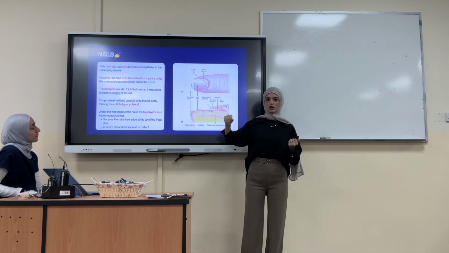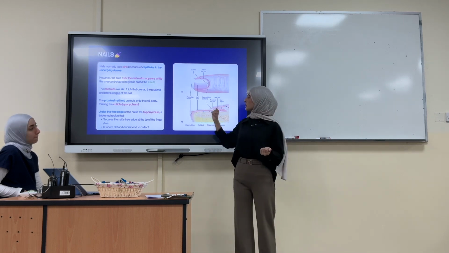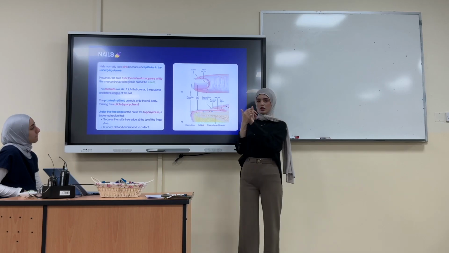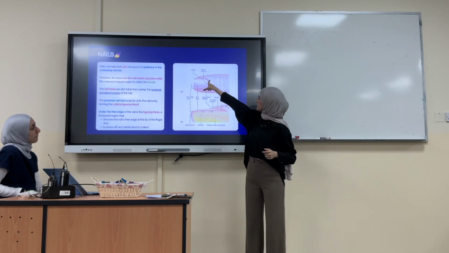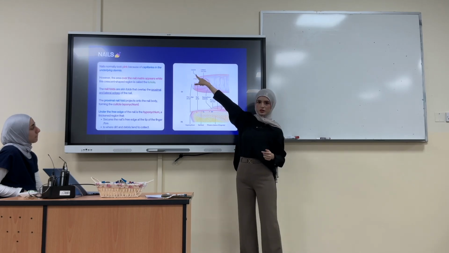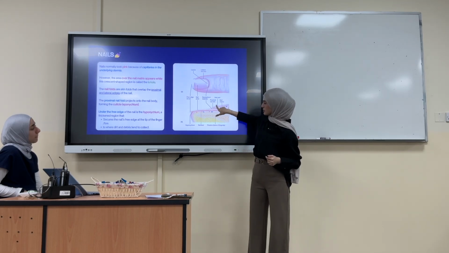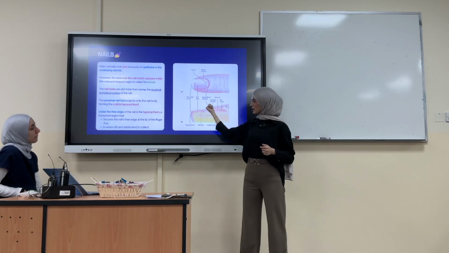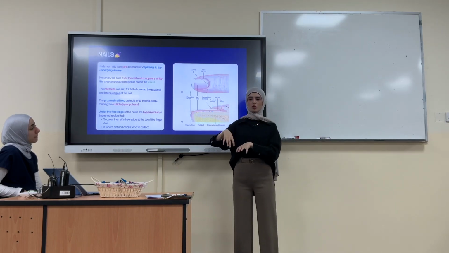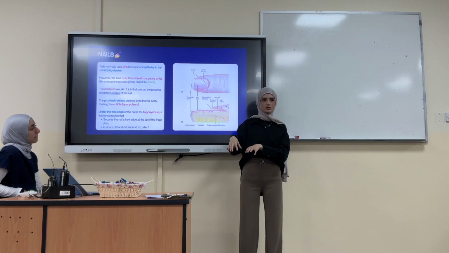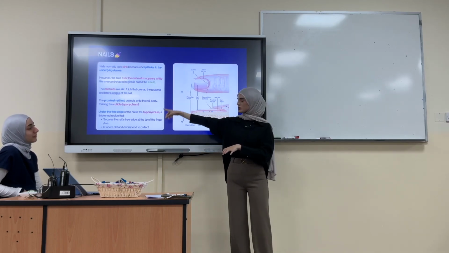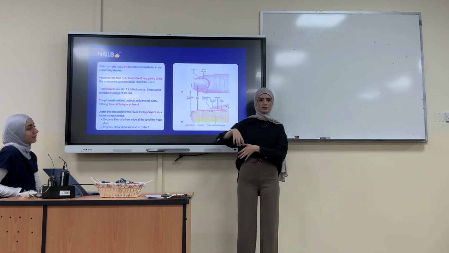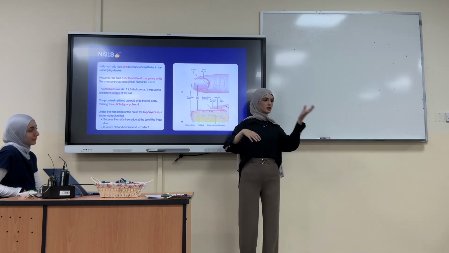We have something called the nail folds. The nail folds are skin folds, right? Where do we find them? They overlap on the proximal edge and the lateral edges of the nail. So you see that's the lateral nail fold, and this here is the proximal nail fold. The proximal nail fold projects onto the nail body, forming what? The cuticle.